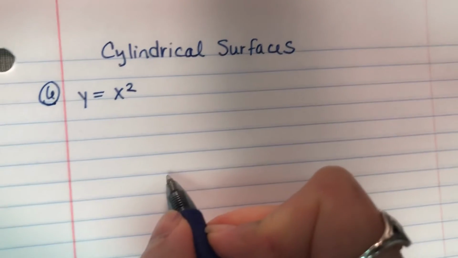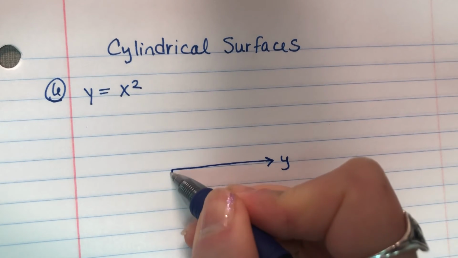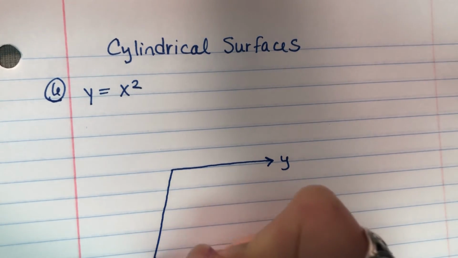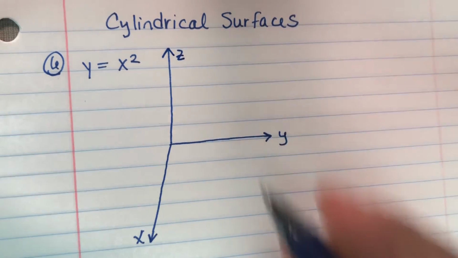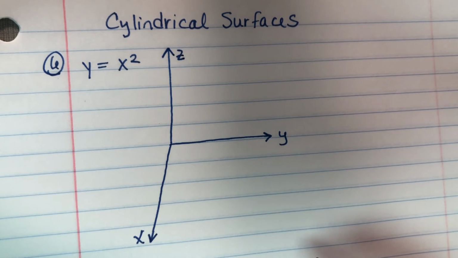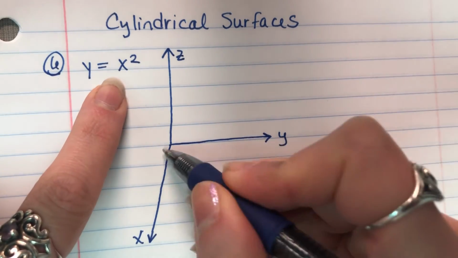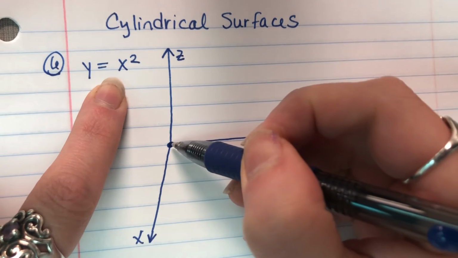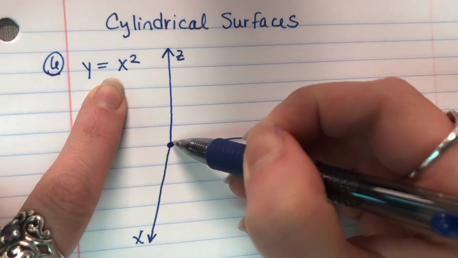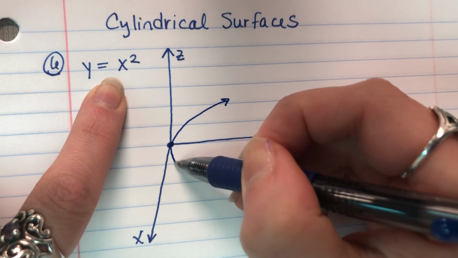So I'm going to draw my x, y, and z axis. Y goes directly to the right. X comes out toward you. And z goes straight up. If you were to graph this in two-dimensional algebra, where x and y meet at the origin would be the vertex, and the graph would form a parabola symmetrical about the y-axis, opening upward toward the y-axis.